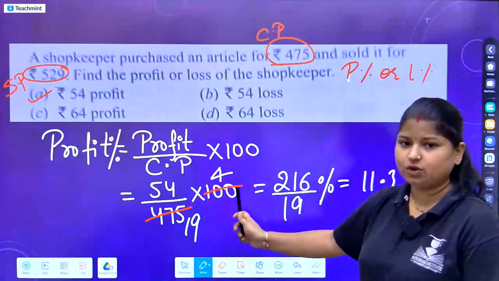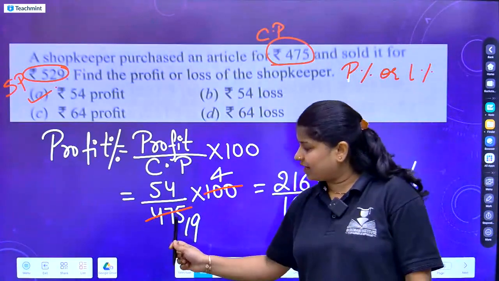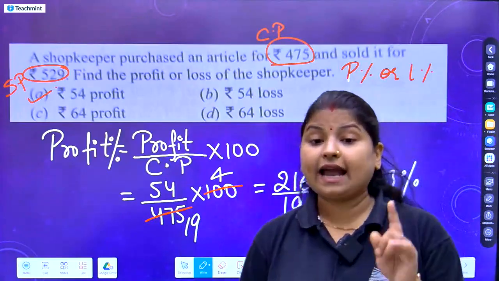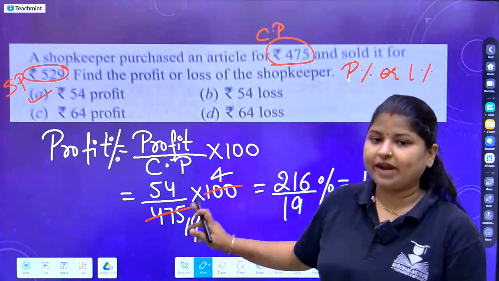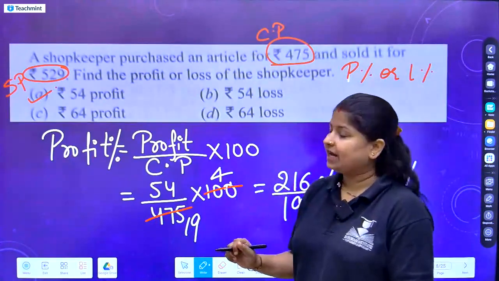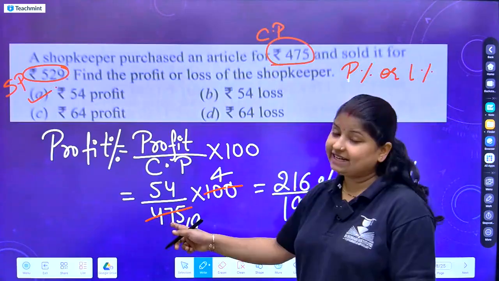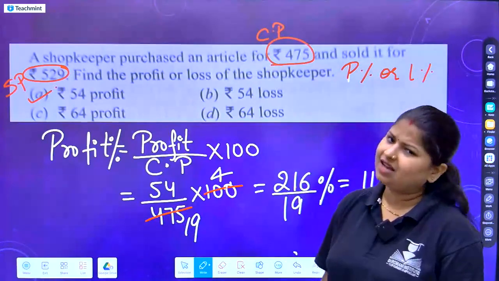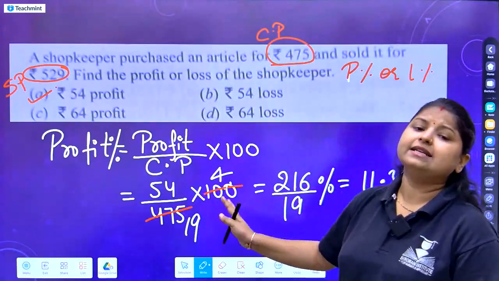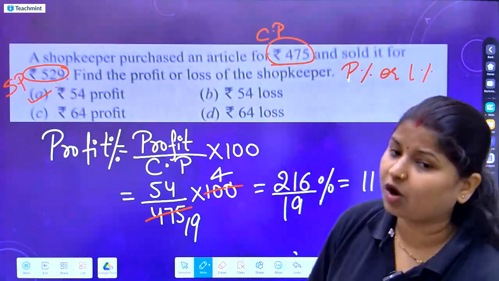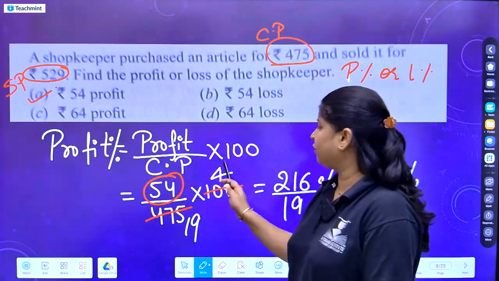475 into 100. Now this 100 and 475 can be simplified using 25. So 25 into 4 is 100 and 25 into 19 is 475. Now this 54 and 4 cannot be simplified by 19. So I will multiply 54 and 4.